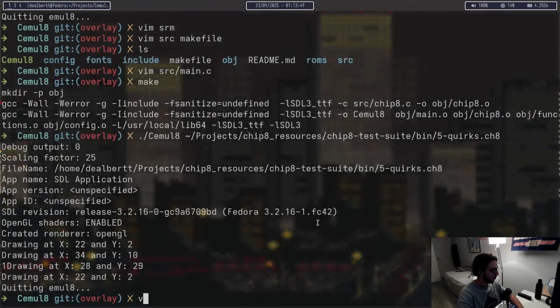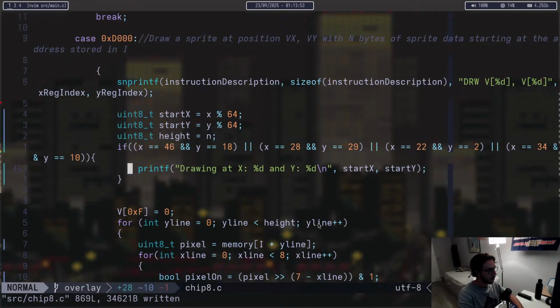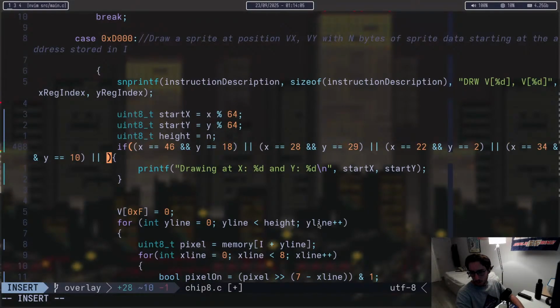And 2. I mean, it could just be pure luck that it's actually hitting those values, but with 34 and 10, we should grab 2 and 10. What?